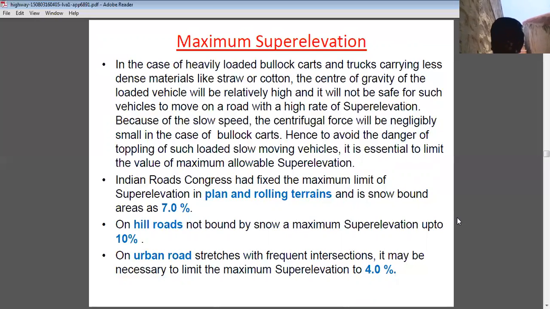Because of the heavy load, it is not easy to move with that weight, as the center of gravity is relatively high at that time.